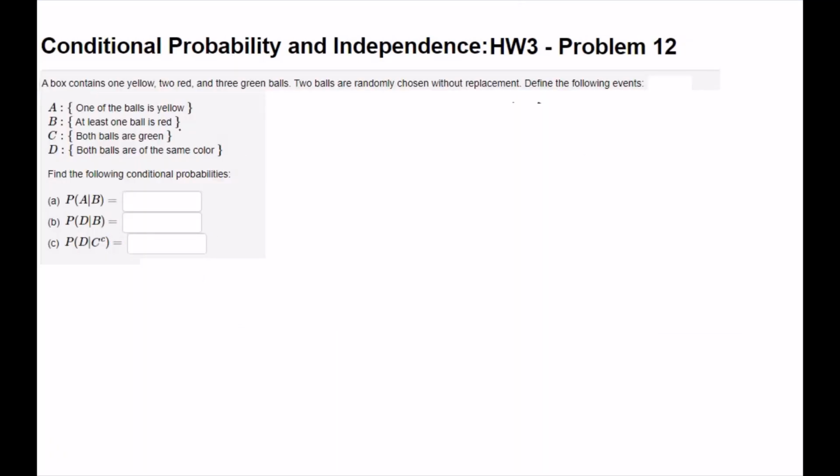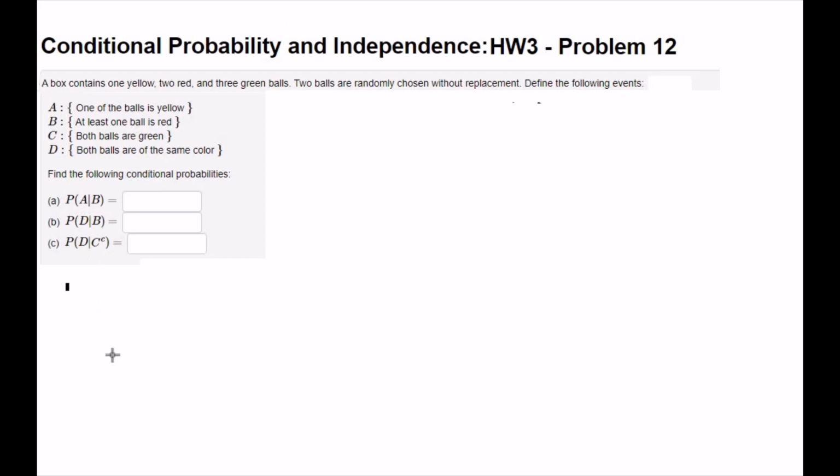Problem number 12. A box contains 1 yellow, 2 red, and 3 green balls. 2 balls are randomly chosen without replacement. Define the following events. Events are given A, B, C, and D, and we're going to compute these conditions.